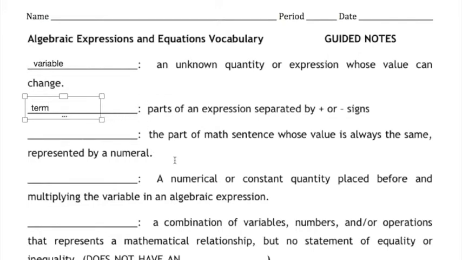Part of a math sentence whose value is always the same, represented by a numeral, that would be a constant. A numerical or constant quantity placed before and multiplying the variable in an algebraic expression, that is a coefficient.